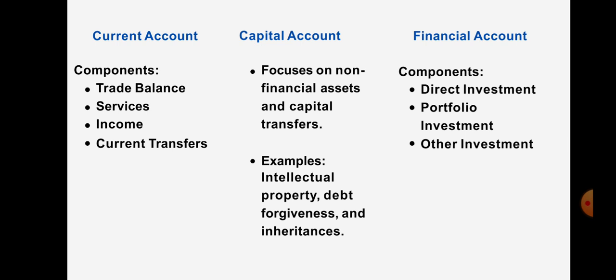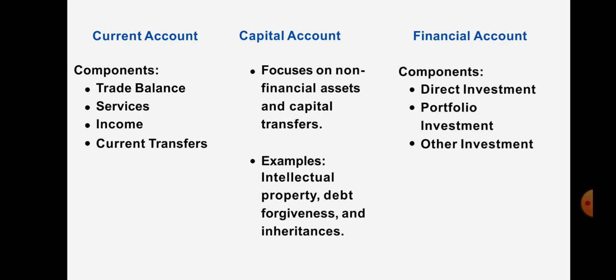Now we will briefly discuss what is direct investment. Direct investment shows the physical assets or the ownership of assets in a foreign enterprise. Portfolio investment means the purchase and sale of securities such as stocks and bonds. And other investment emphasizes loans, currency deposits, and other financial assets.